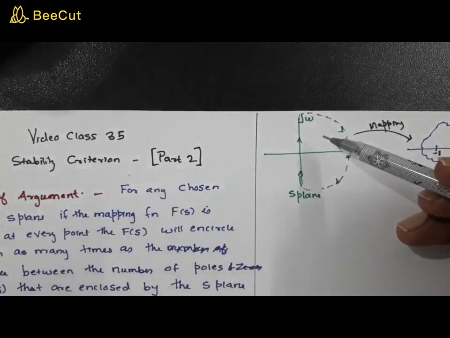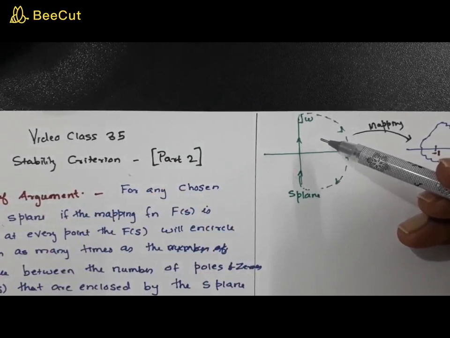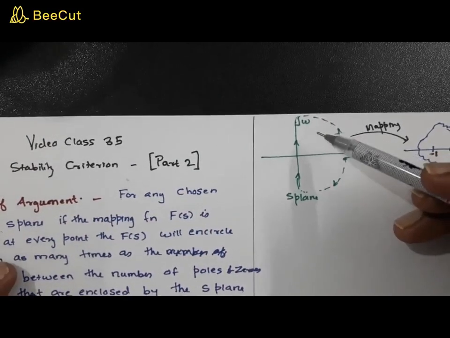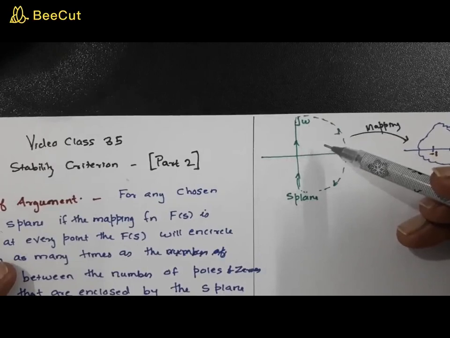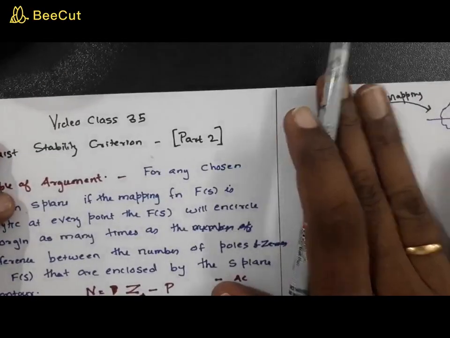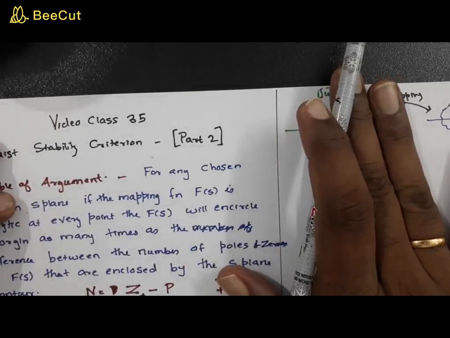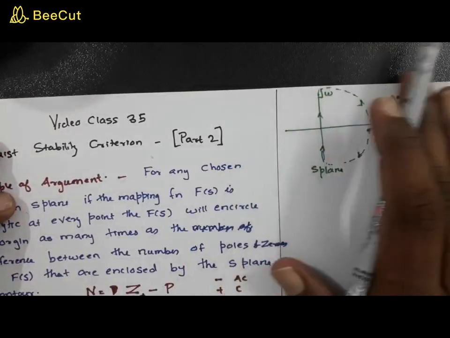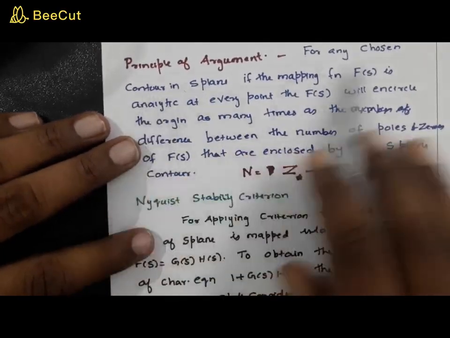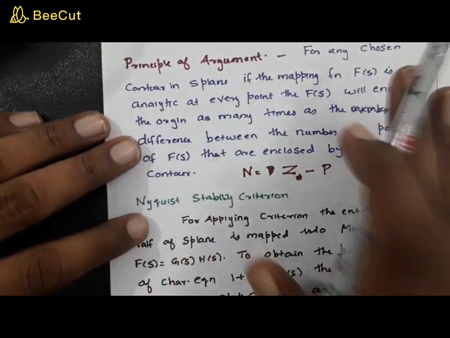All the methods we have studied so far check in different ways whether there are poles present in the right half of the S plane. So our concern is always on the right half of the S plane. This is just a general statement for any contour.